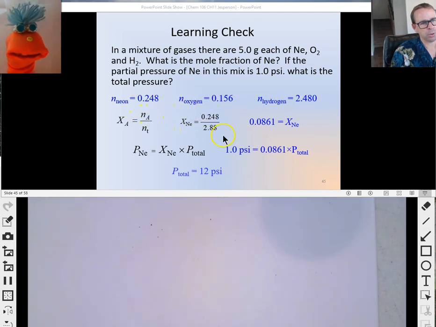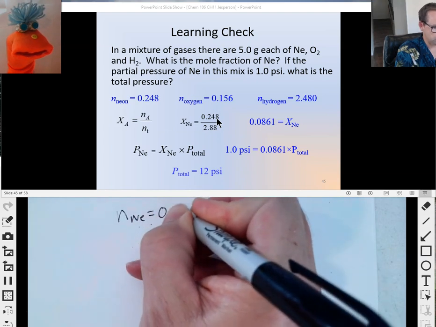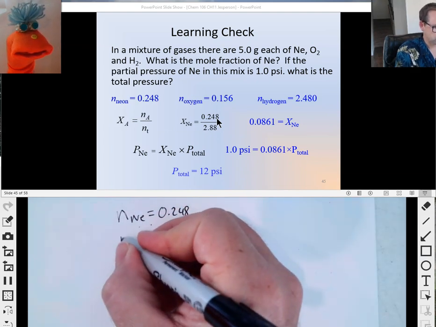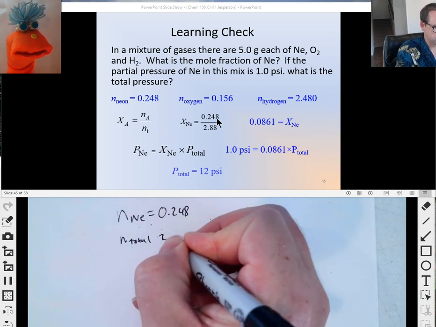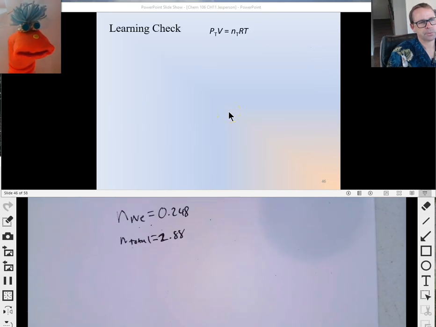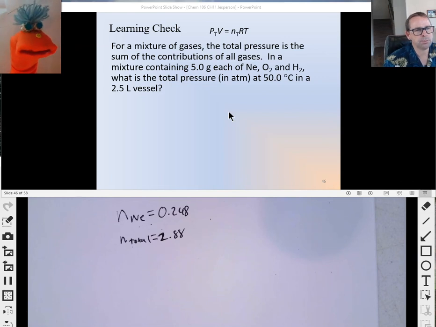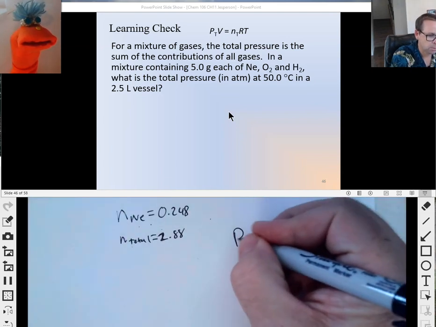So we have a total moles of 2.88, and the moles of the neon is 0.248. So how is that going to help us? Well, if we want the pressure at 50 degrees Celsius in a 2.5-liter vessel, doesn't that sound like using PV = nRT? I think that's right.